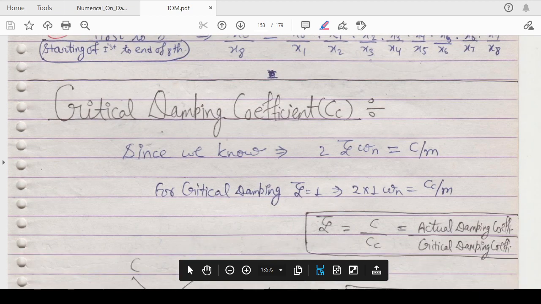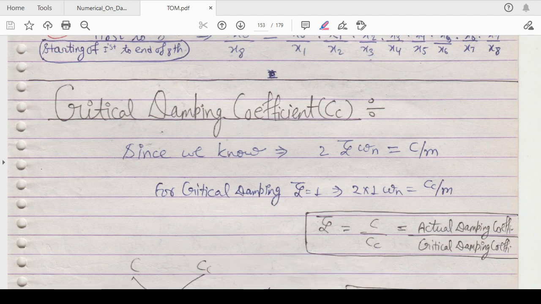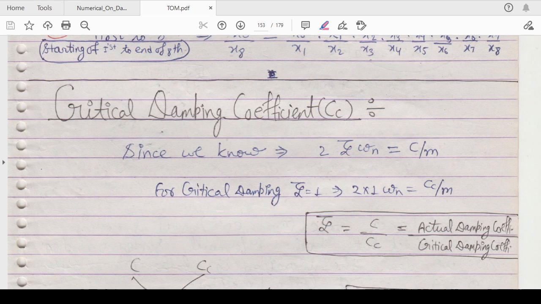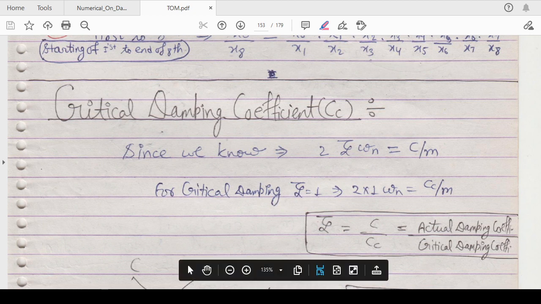Similarly, you can calculate the critical damping coefficient, called Cc. Since 2 zeta omega n is C by M, for critical damping zeta equals 1, so 2 into 1 into omega n equals Cc by M. The damping factor zeta equals C by Cc, the actual damping coefficient divided by the critical damping coefficient.